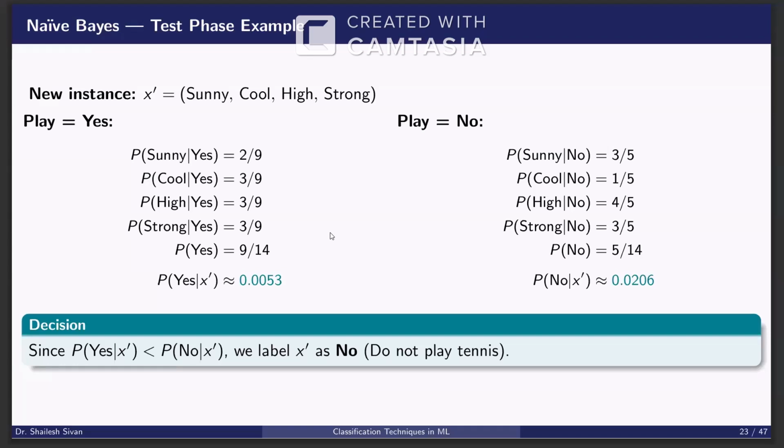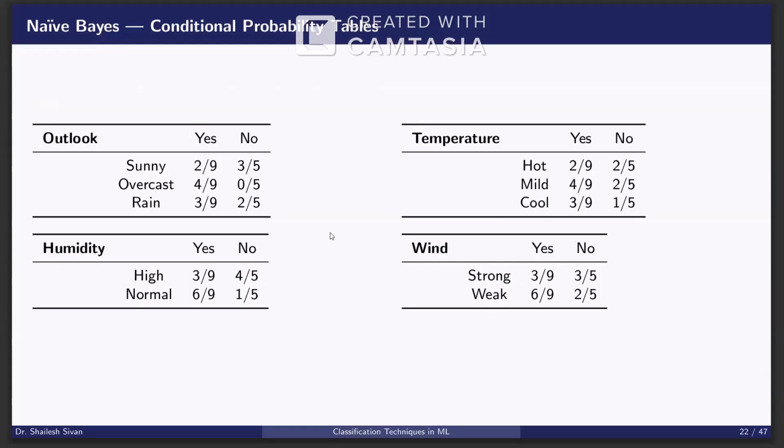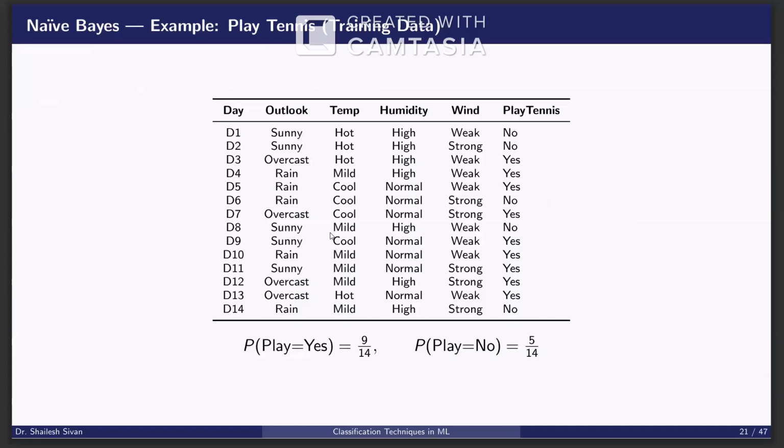See what kind of probability random variables we are considering here for each feature. These are all different random variables, right? What kind of random variables are outlook, temperature, humidity, and wind?